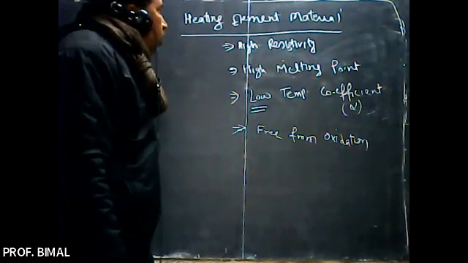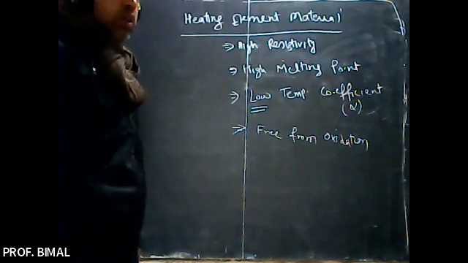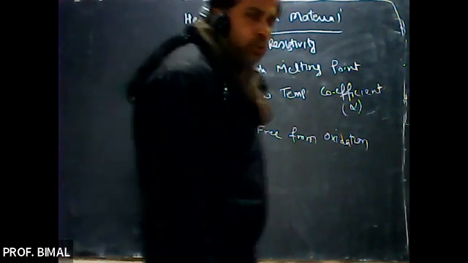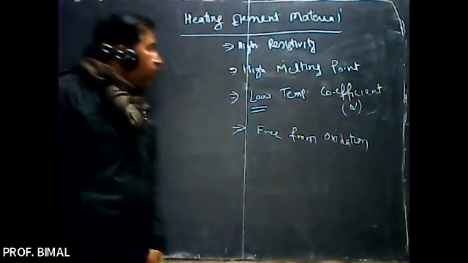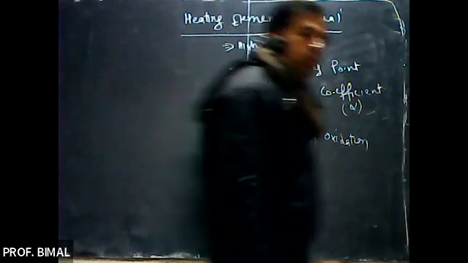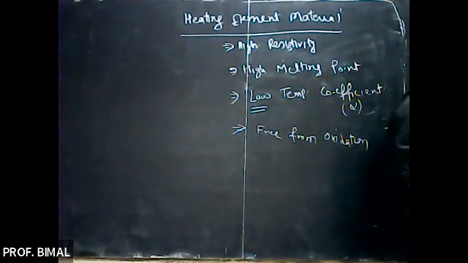So four different properties are there. One is high resistivity, second is high melting point, third is low temperature coefficient, and fourth is free from oxidation.